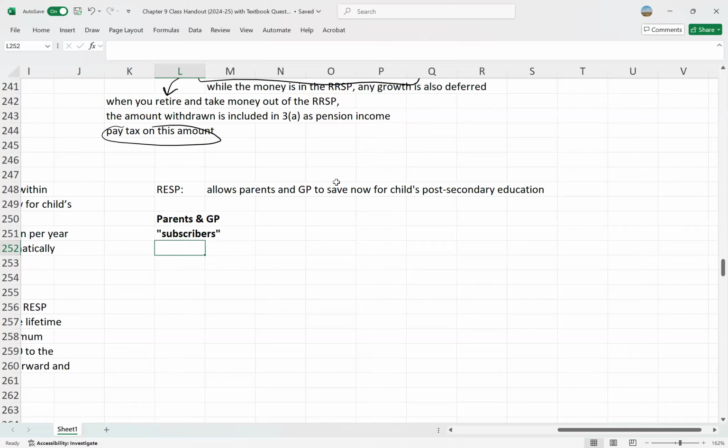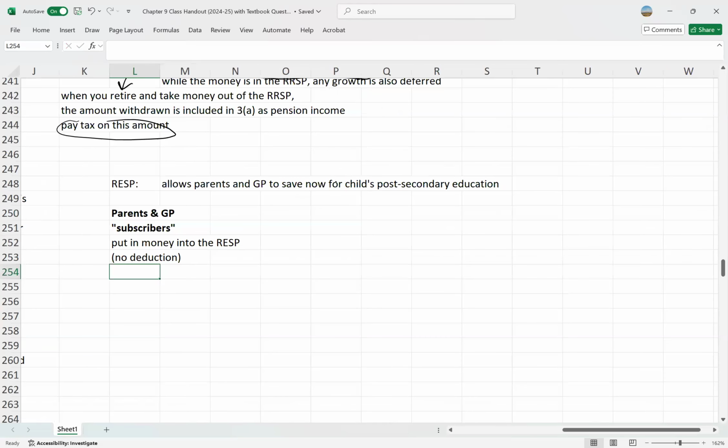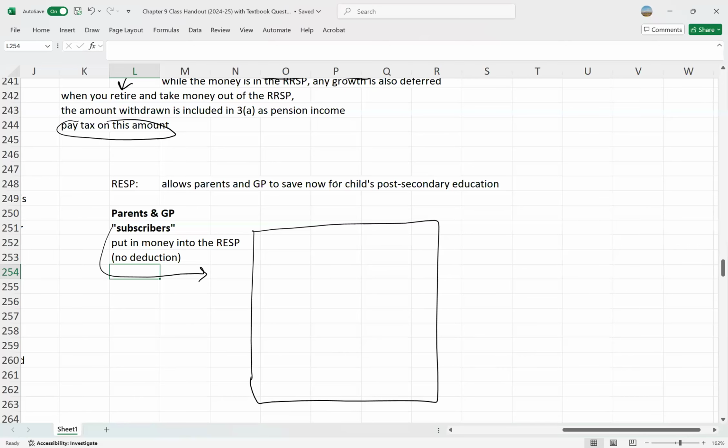The subscribers can basically put money into the RESP. When they put the money in, there's no deduction. This is not like an RRSP where you get a deduction.